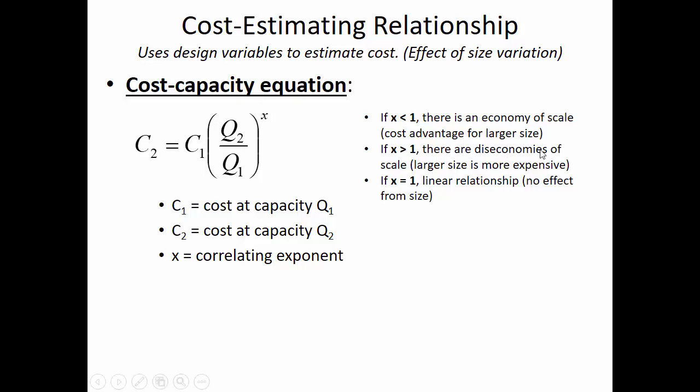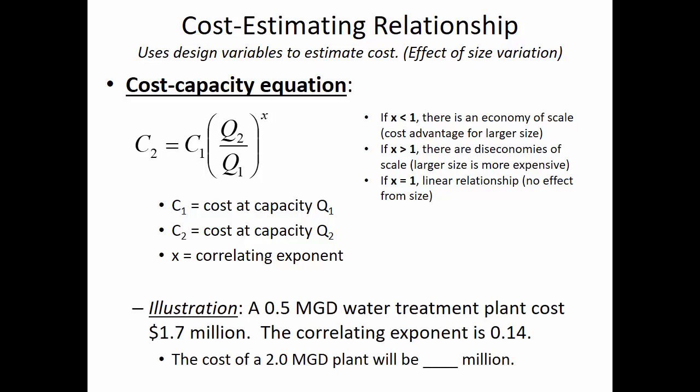A diseconomy of scale is the situation where it becomes more expensive per increase in size. And then x equals 1 is just where there's no discount or penalty based on size. It just scales linearly.